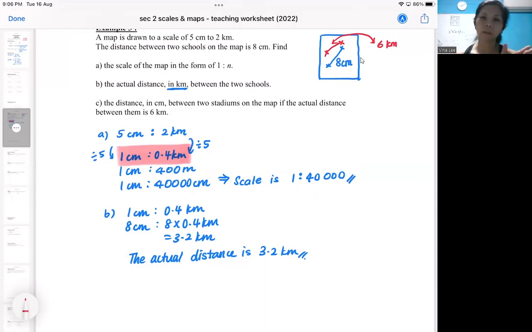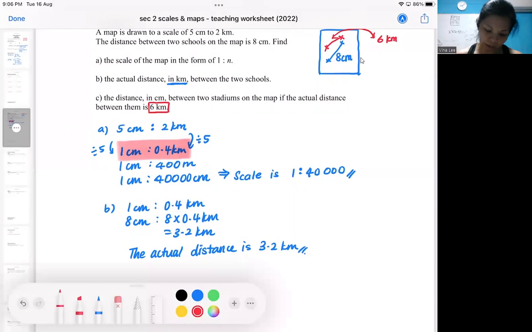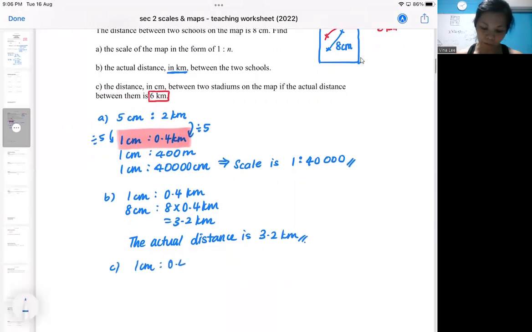So it's the reverse. So I want to know how far these two will look. So again, which one I'll be using? So you look at the units. So again, I'm going to be using the units in terms of 0.4 kilometer.